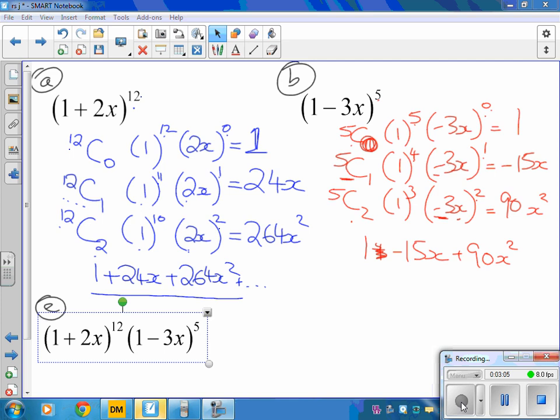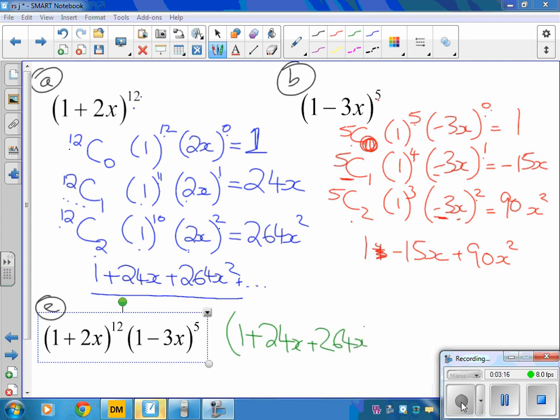I've jumped to part E here as well then, which just says, can you multiply these two things together? Well, we've already done the long bit of this. We've now got to times these two things together. So we're timesing the thing I did there in blue, multiplied by the thing I've done here in red. And we only need to times this up to the x squared term.